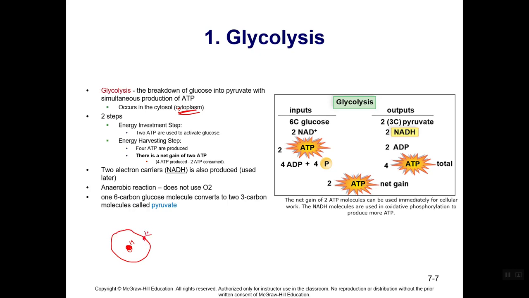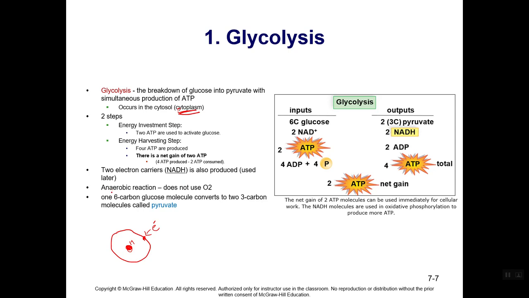This electron here is what I'm referring to when I say that NAD plus was an electron carrier, because it can have attached to it that hydrogen, which can lose this electron and because it can ionize, form an ion, and that is how it can be utilized as an electron carrier. That electron can then be passed down an electron transport chain that happens later. All right, so again, 2 electron carriers, NADH, are produced here from NAD+, and they'll be used later.